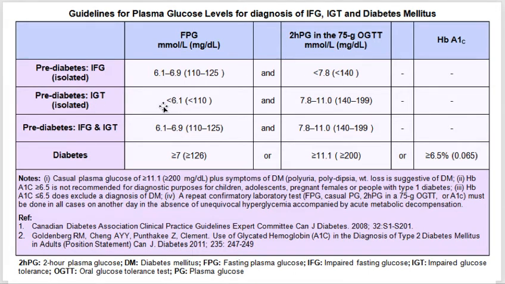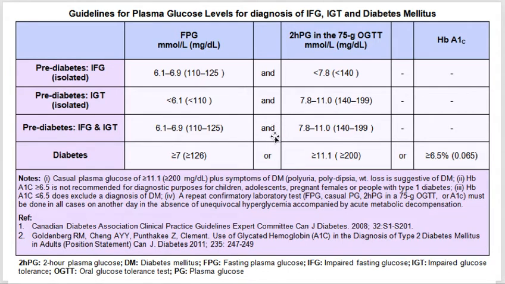You can see in this patient the FPG values are less than 6.1, which is definitely normal. But here the values are between 7.8 to 11.0, which is definitely not normal and definitely not diabetes mellitus, but we call it isolated impaired glucose tolerance.